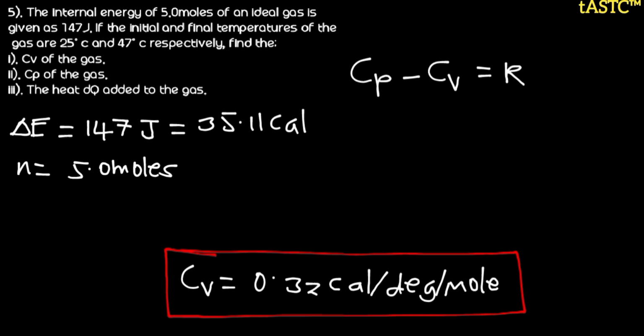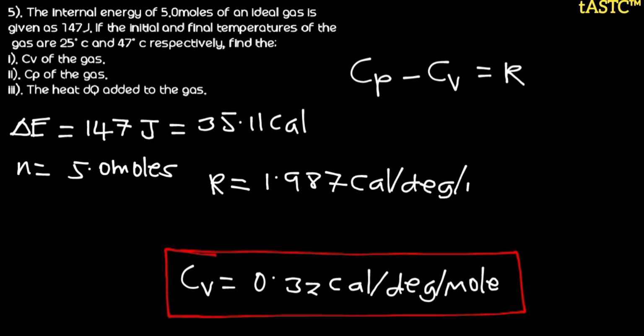The link to the video has been attached in the description section below. So R, in this case, we're going to use R as 1.987. That is if we wanted to find our answers in terms of calories per degree per mole. Because this is what it is here. This is cal per degree per mole.